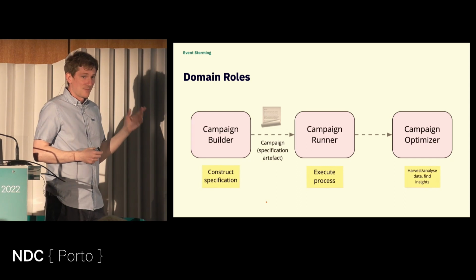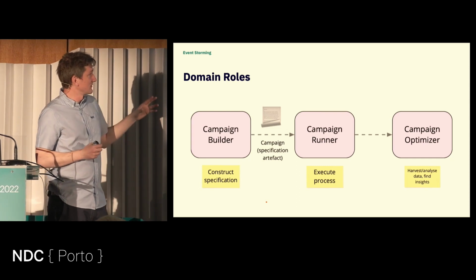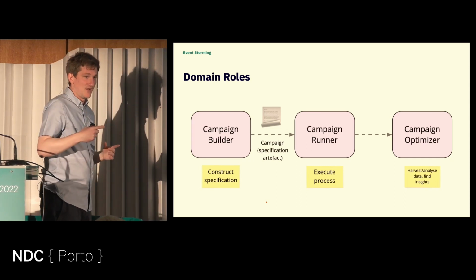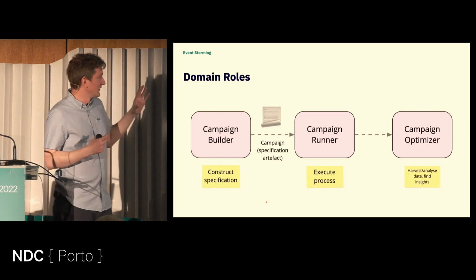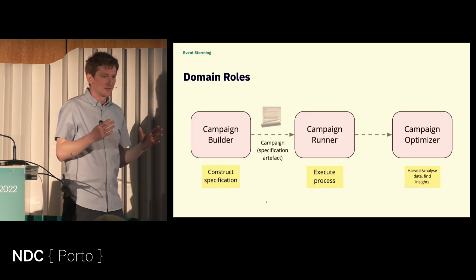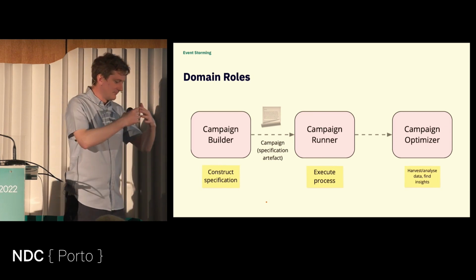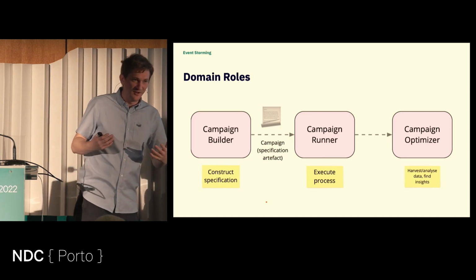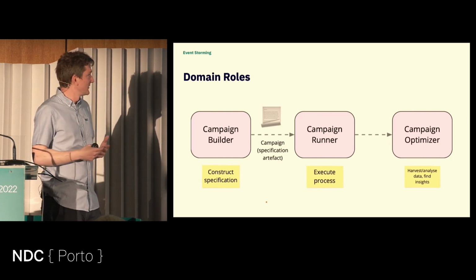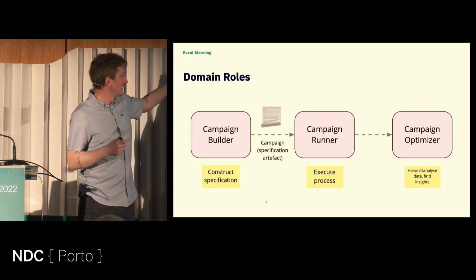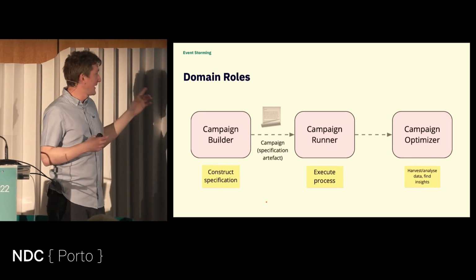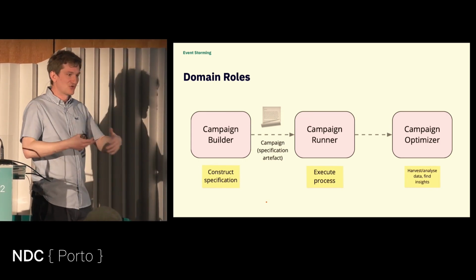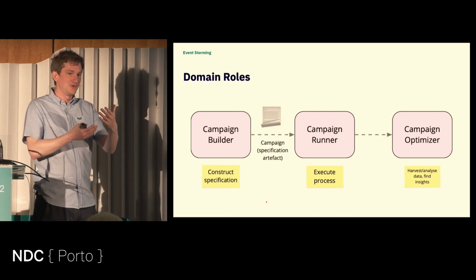Another thing I always recommend looking for is these domain roles. If anyone came to the workshop yesterday morning, we already talked about this. But basically, different parts of your business serve different generic roles. So campaign builder, this is from the advertising industry, is about describing the advertising campaign you want to run.